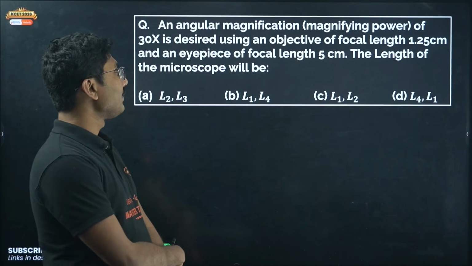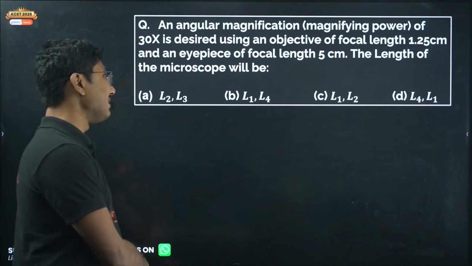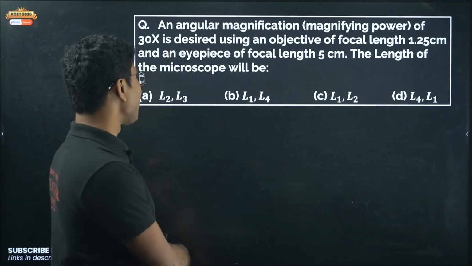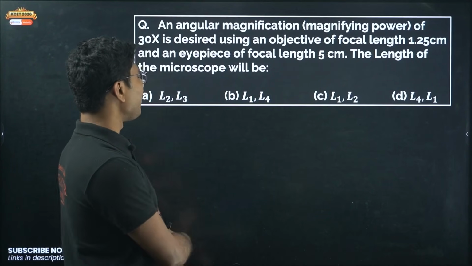An angular magnification, or magnifying power, of 30x is desired using an objective of focal length 1.25 centimeter and an eyepiece of focal length 5 centimeter. What will be the length of the microscope?